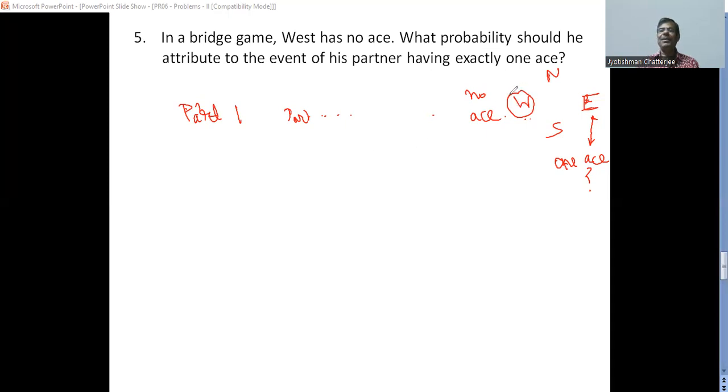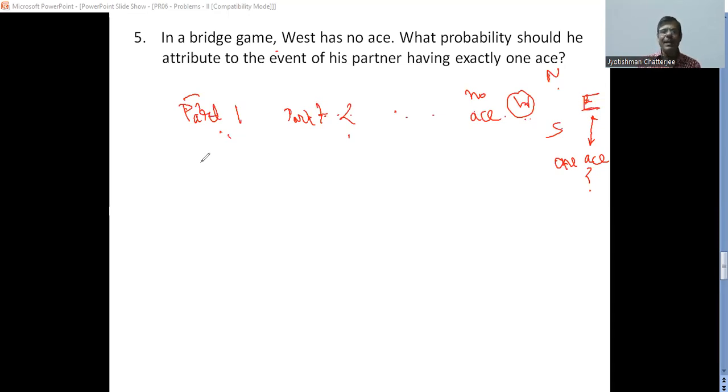Now, we are not interested in North and South, so we can just think that the first part is giving 13 cards to West, and then giving 13 cards to East, and then of course part 3 and part 4. But for the purpose of solving this exercise, we can only concentrate on part 1 and part 2. That way it will look similar to the last discussion. And part 3, part 4, of course, what happens is none of our interest, because we already have got the answer.